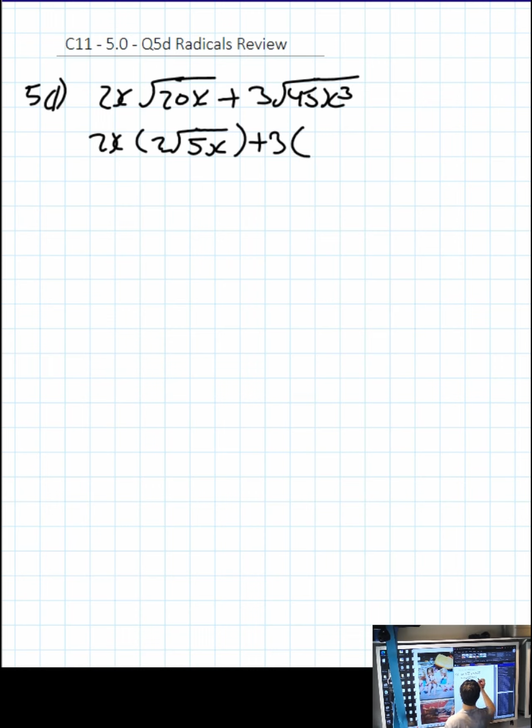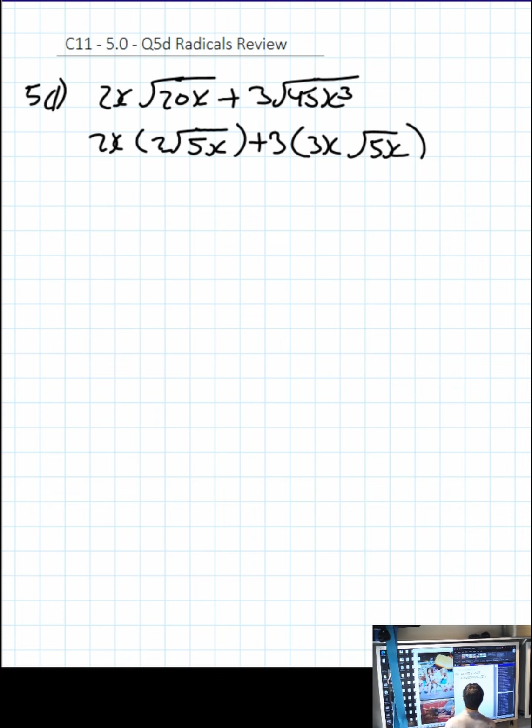So 45 is going to be 3 root 5, so times 3 root 5. And then if we simplify the x cubed, we're going to get 3x root 5x. Again, go back to grade 10 to make sure that you're absolute ninja at those.